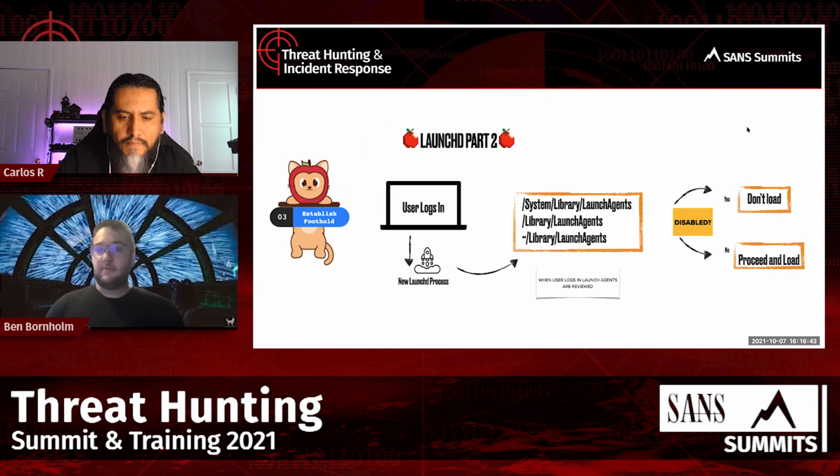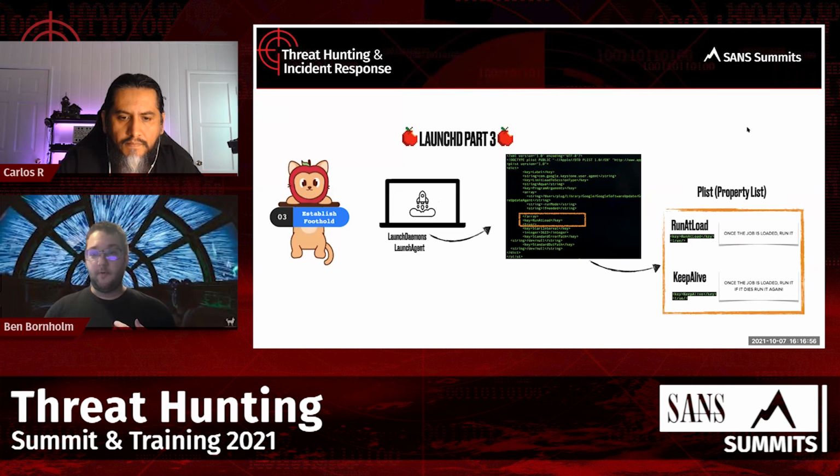Launch agents are for when the user logs in: I want you to start these launch agents, and they can also be set to enabled or disabled, and those are the common file paths for launch agents. For OceanLotus, they used a launch agent to ensure that when the user logged in, their malware would run. They set the attribute RunAtLoad, which says when the user logs in, run this malware. They also set KeepAlive, which means if this process were to be killed or stops for any reason, restart it.